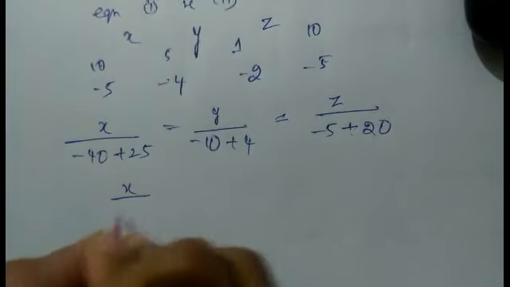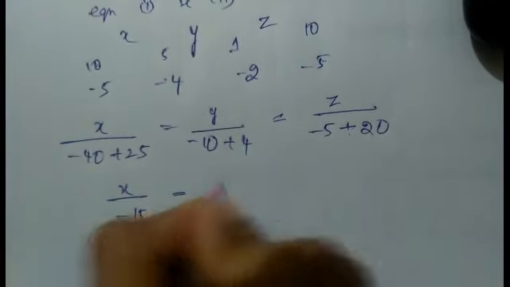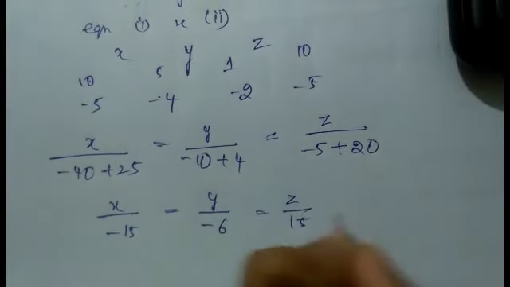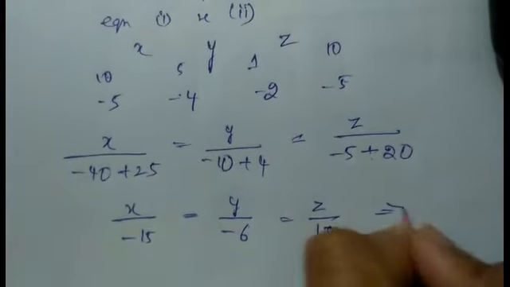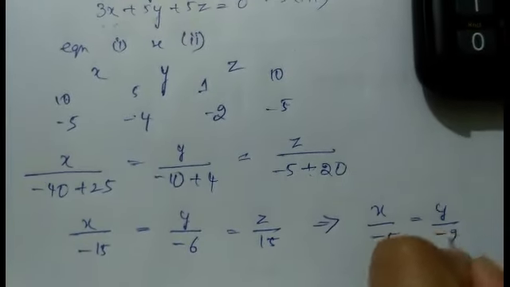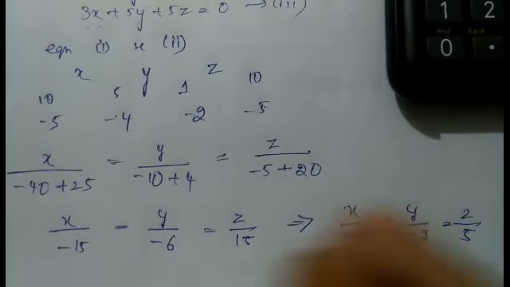So here x by minus 15 equals y by minus 6 equals z by 15. So that equals x by minus 5, y by minus 2, and z by 5.